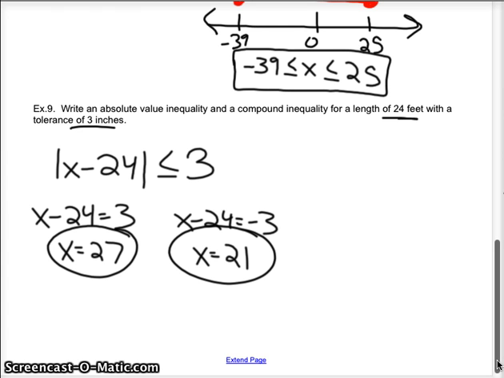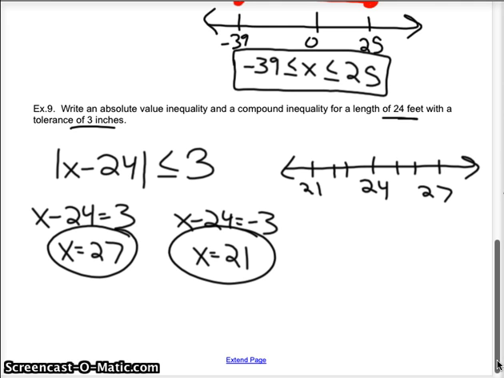Now, with those endpoints, we're going to plot them. So here's 24, 21, 27. Now, first thing to notice, the type of inequality, less than or equal to. Or equal to means at each endpoint it's going to be a filled in circle. Just like that.